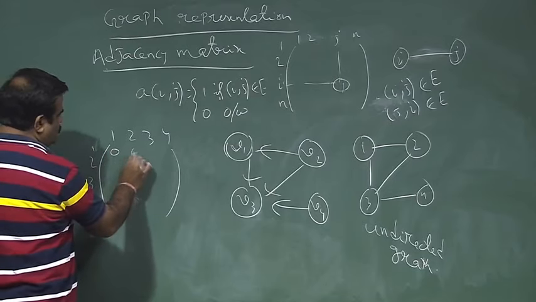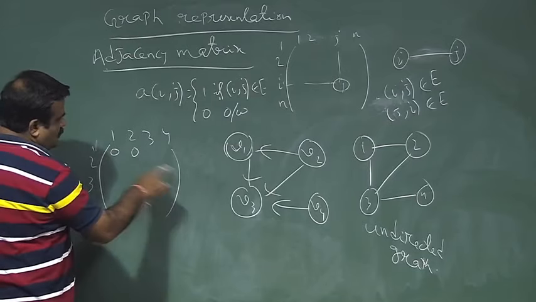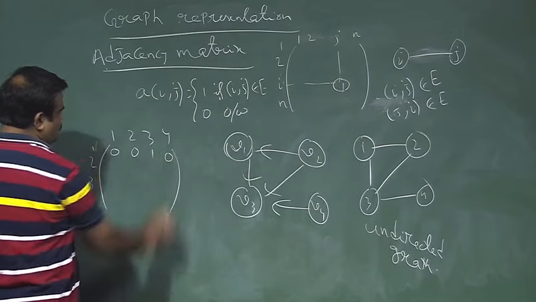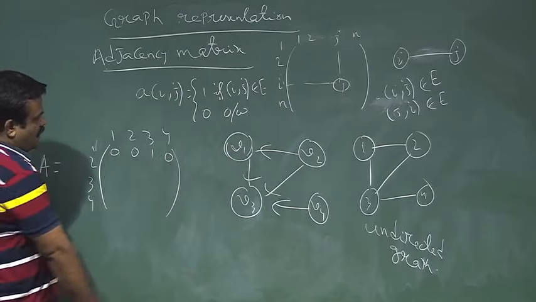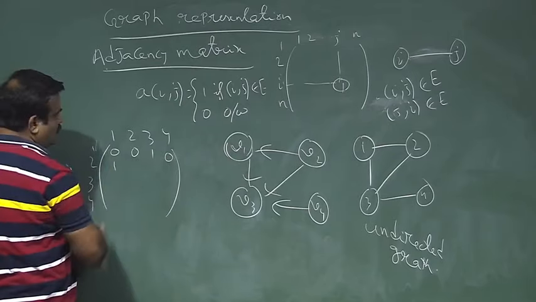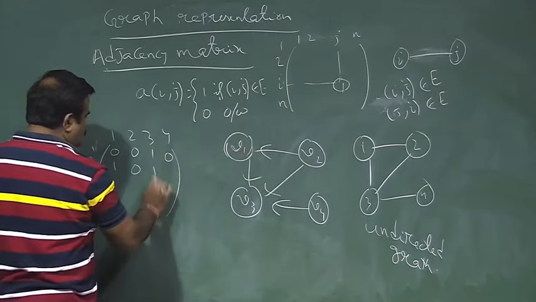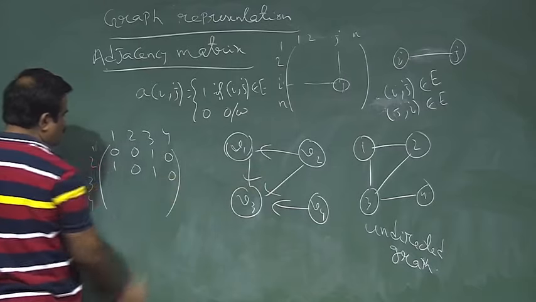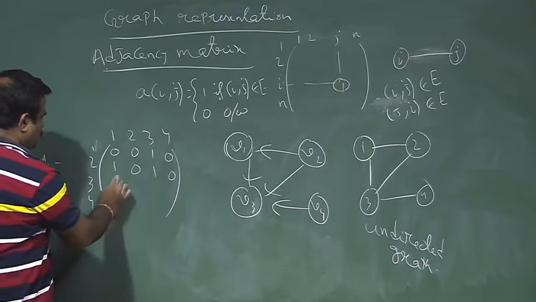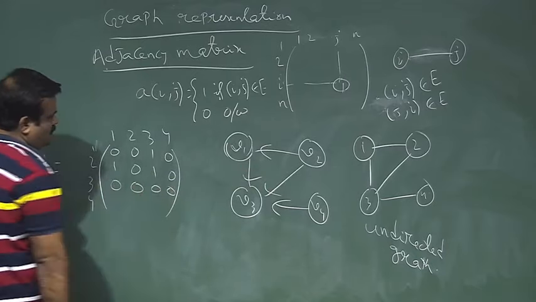There is no edge from 2 other than to 1. There is only one edge from 3. And from 2 we have an edge to 1, so this is 1, and there is no self edge, so this is 0. There is no edge to 4. From 3 there is no edge to any other vertices.